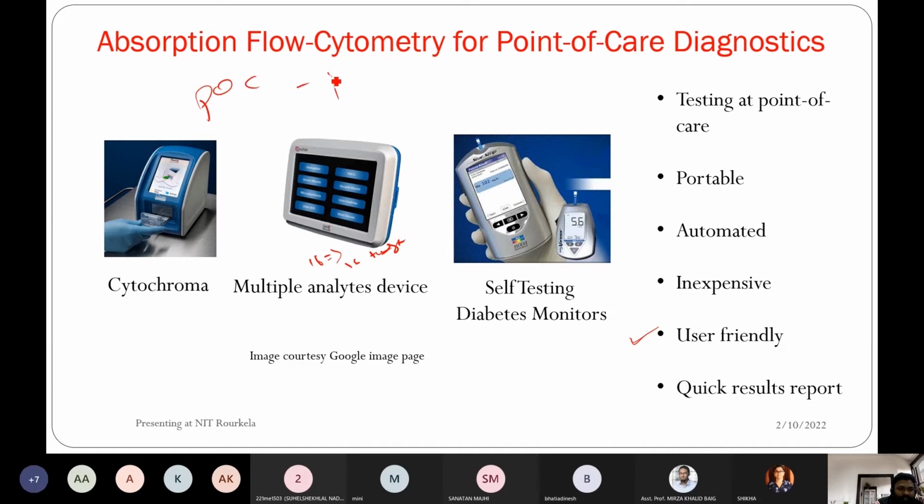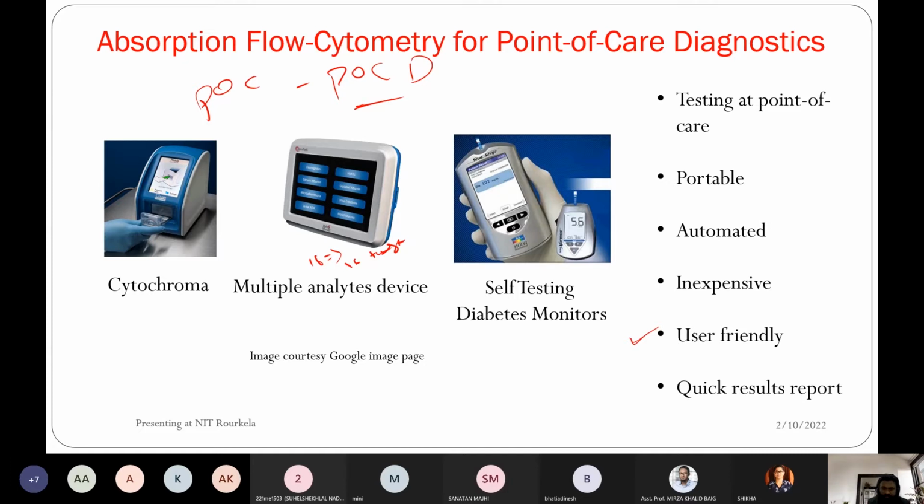POC to POCD, the proof of concept to the point of care device. So these are all the reasons why people are looking towards developing point of care devices. So, development of the absorption flow cytometry for point of care diagnosis or diagnostics.